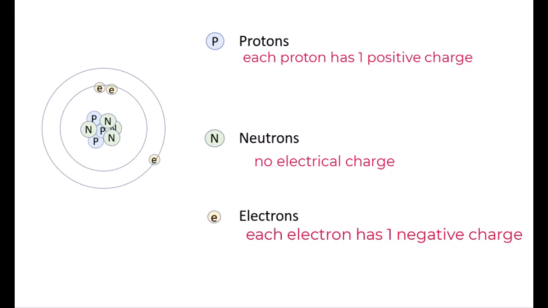Let me make a quick disclaimer here. If you've already taken chemistry or physics, you know that there are other subatomic particles, but we don't need to get into all of those for our very basic chemistry needs here.